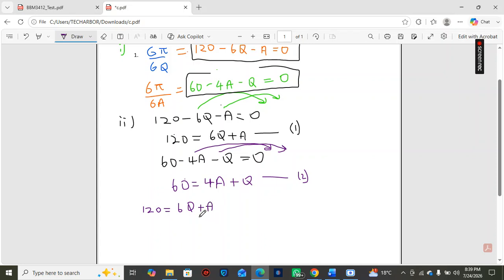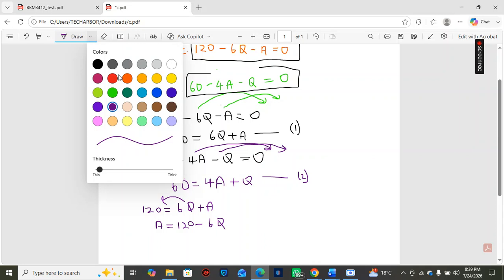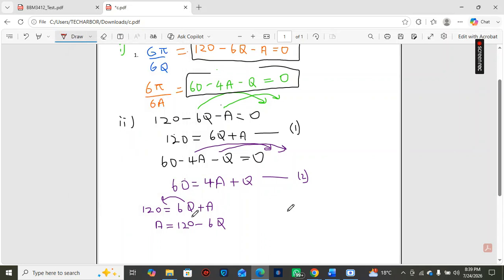We can say A equals 120 minus 6Q, because this 6Q, we've taken it over this side, it becomes negative. And we can substitute this into equation 2. So where there is A, we're going to substitute it with this expression here.